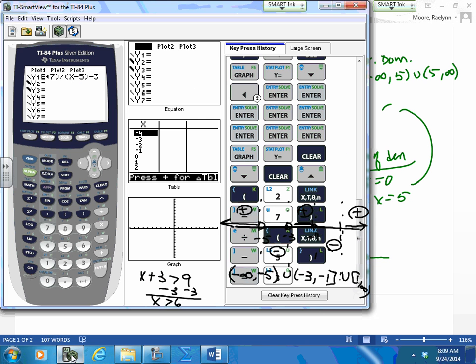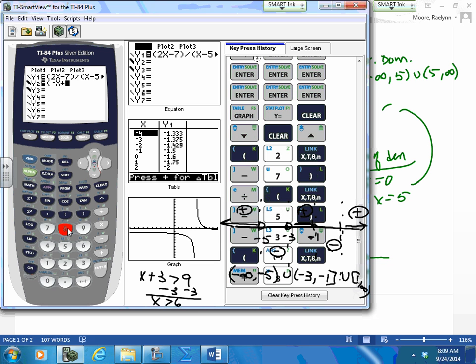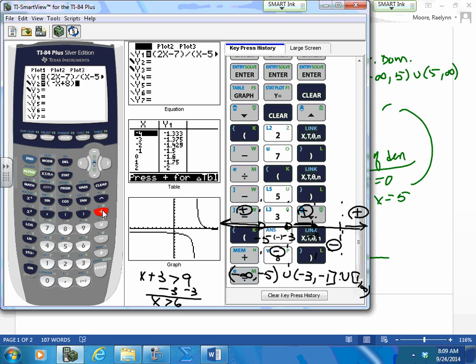Okay? Now, in my second one, I want to make sure that all my factors work out, right? So I'm going to take the last thing I ended up with, the last one. And we ended up with negative x plus 8 divided by x minus 5.